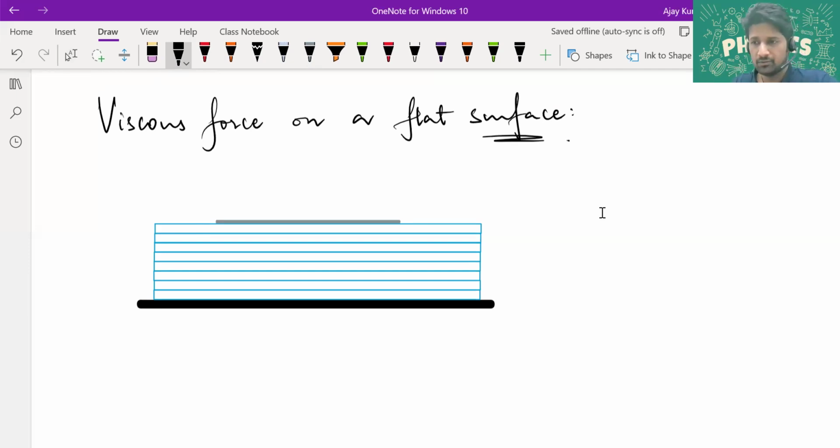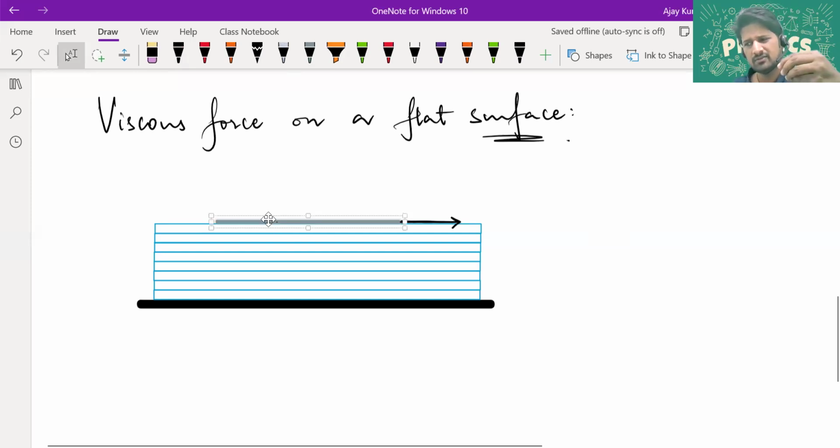Ideal fluids are non-viscous. We are talking about real fluids. Suppose you want to slide this polythene sheet on the surface of water. A polythene sheet or a thermocol sheet also you can consider. Do you think it will be very easy to slide?